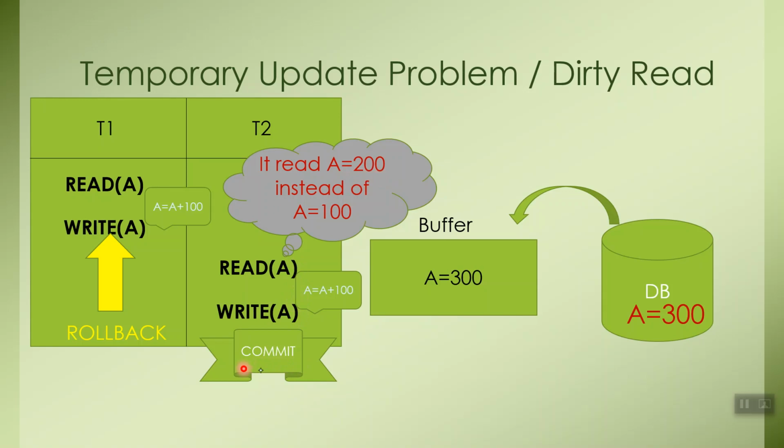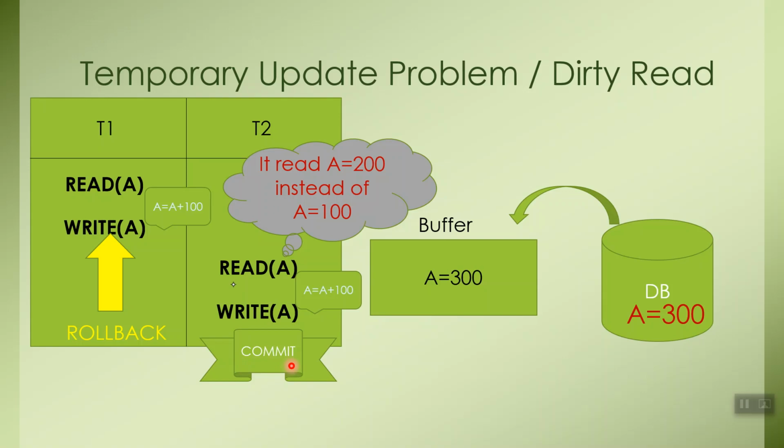Now because of this commit statement, the execution of this T2 transaction cannot be rolled back. Whatever has been executed by T2 is already saved into the database and cannot be undone, only because it has executed the commit statement. So even if T2 fails, it cannot roll back because it has already committed.